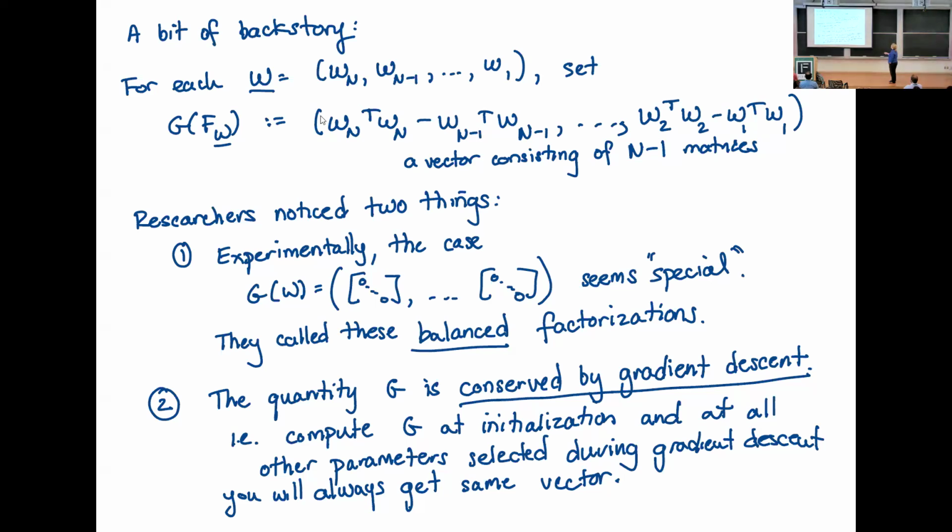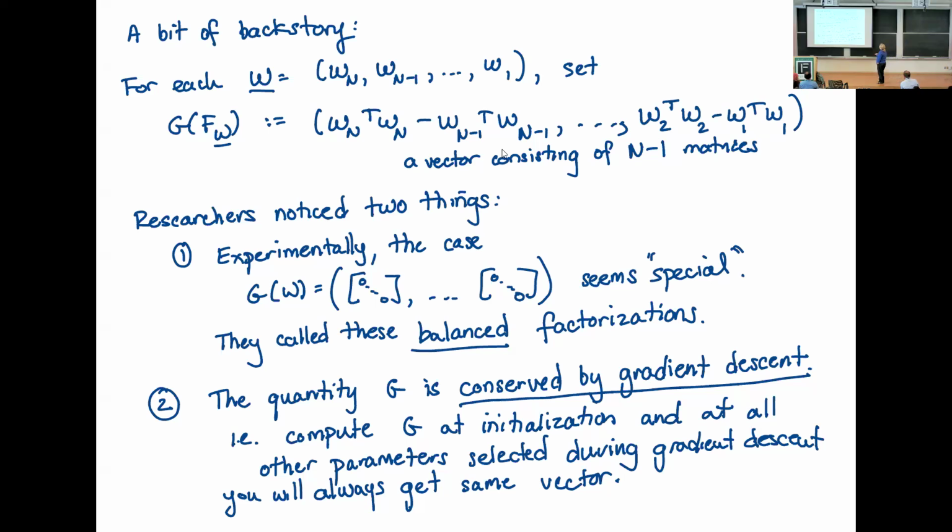The first one is W_N transpose W_N minus W_{N-1} transpose W_{N-1}, and that pattern goes all the way down. Each of these is a matrix that's just computed from my parameter, some quantity that I can associate to a particular factorization.